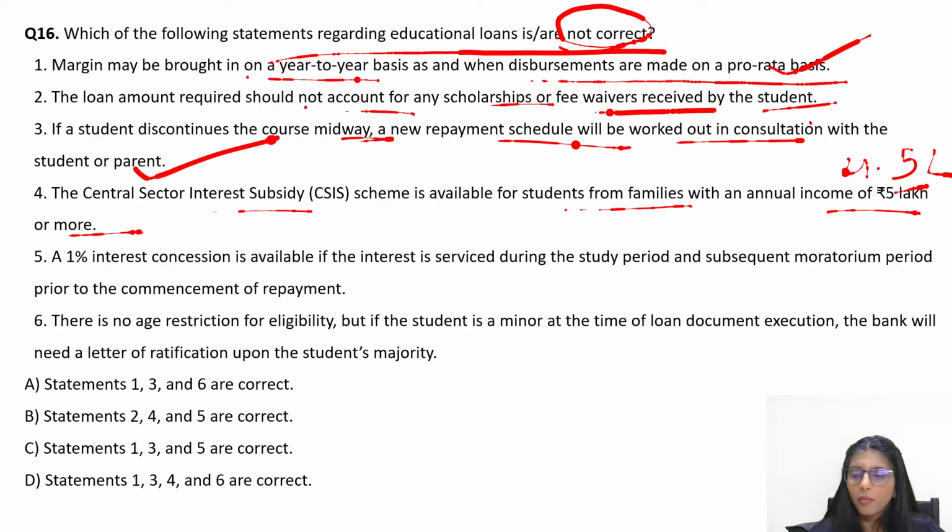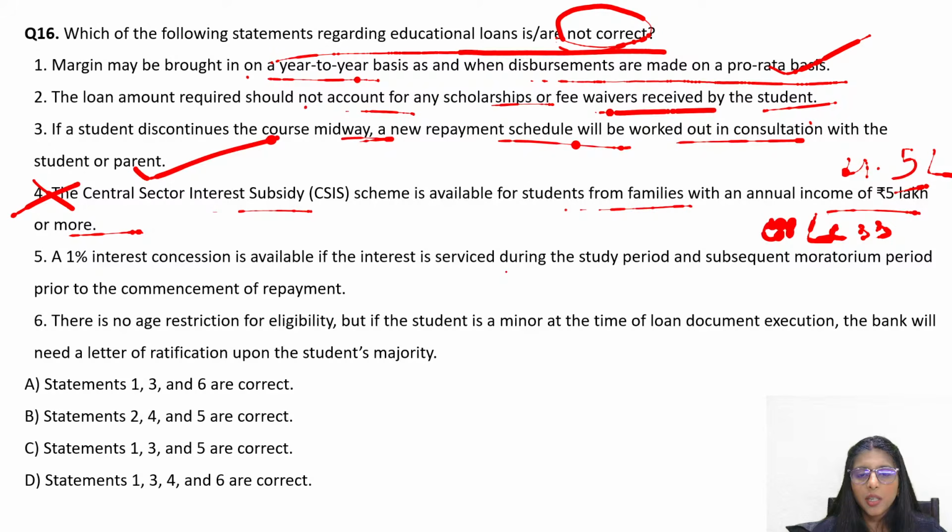So it's incorrect. A 1% interest concession is available if the interest is serviced during the study period or the subsequent moratorium period prior to commencement of the repayment.